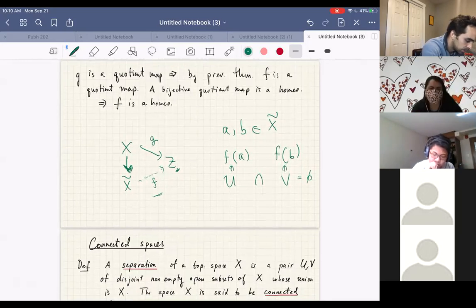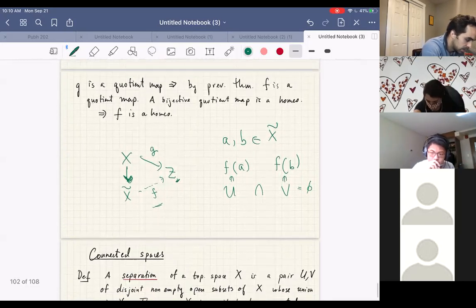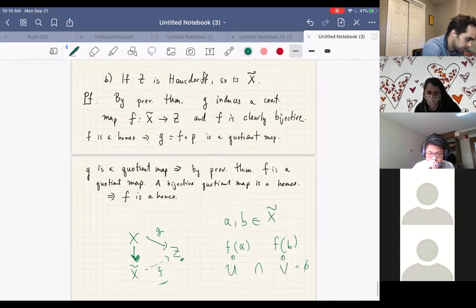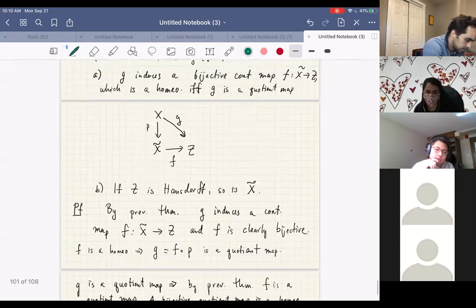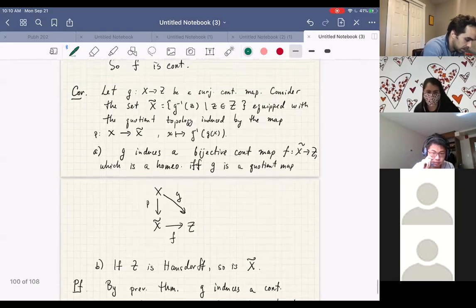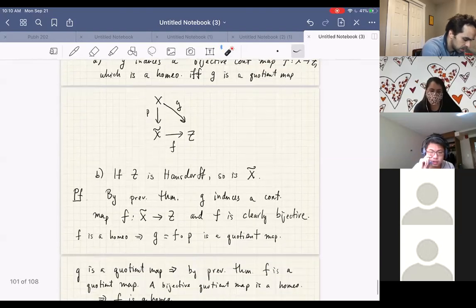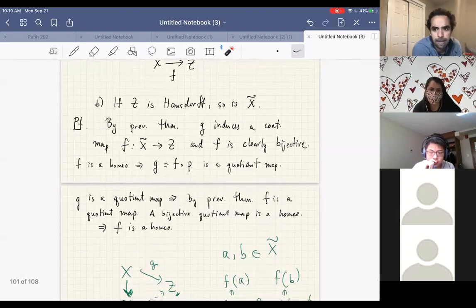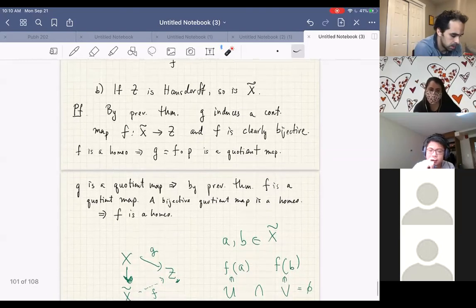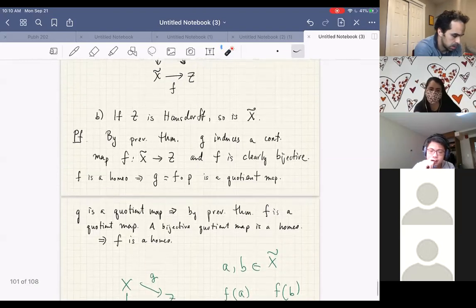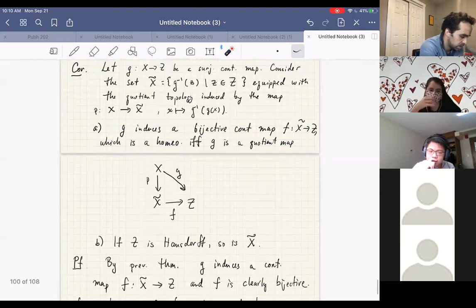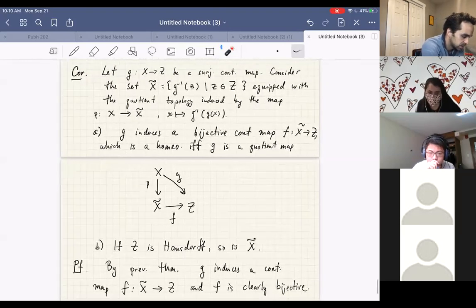And wait, how did you know that F was a bijection? In this particular case, F is a bijection, right? I thought A and B were separate. I thought the statement in B is regarding this setting. So X tilde is this particular set, right?